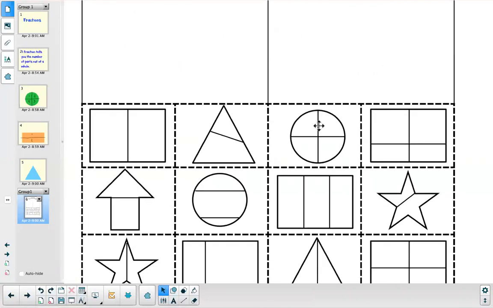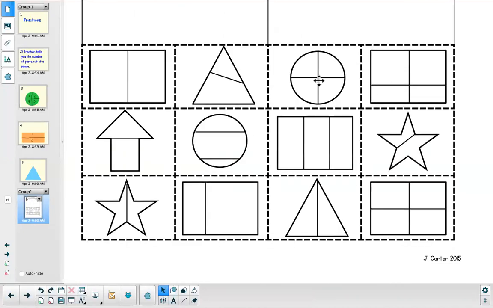So down at the bottom of my worksheet here, I have different shapes that I need to cut out and decide, are they equal or are they not equal? Let's look at the first one here together. Right here, I'll give it a big circle, okay?